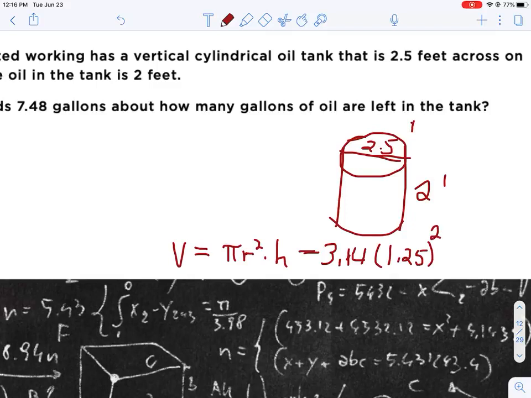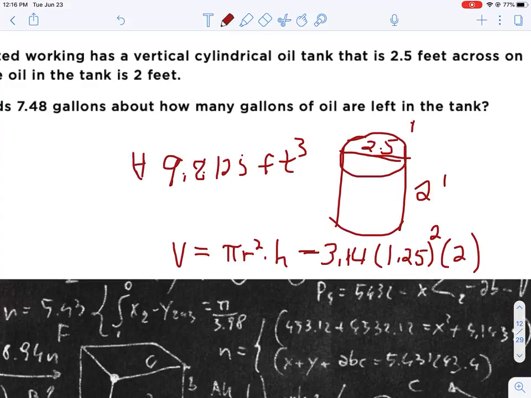Just divide that in half. And then our height is 2. Remember, this is going to be cubic feet. So 3.14 times 1.25 squared, or times another 1.25, however you want to think about that. So this is 9.8125 cubic feet. Okay, now that's the volume.